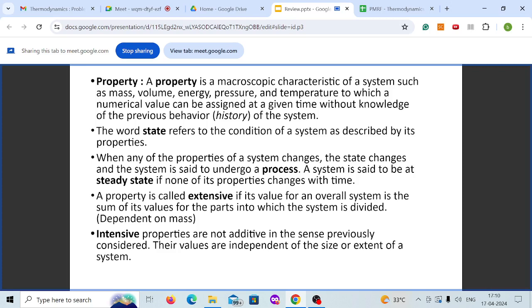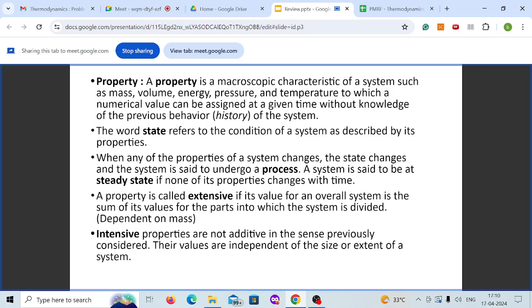This is important. It doesn't matter what the property was previously; its history doesn't matter. At any instant it will have some value, and that defines the system. Its history doesn't matter to the current state of the property of the system.